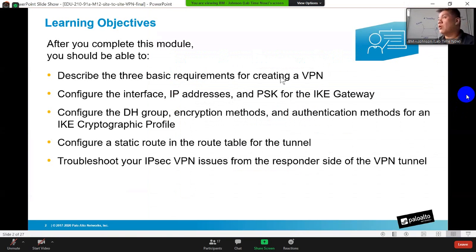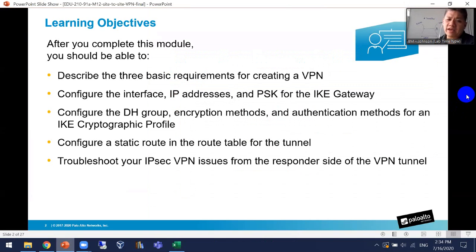After you finish the module, you look at how to create the VPN. It's actually very simple, seriously. You are configuring the tunnel interface, the IP address, and the IKE. You're configuring the IPSec crypto and the IKE crypto: the DH group, the Diffie-Hellman group, the encryption methods, the authentication.